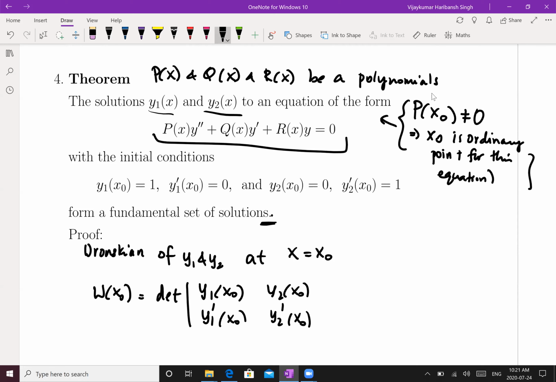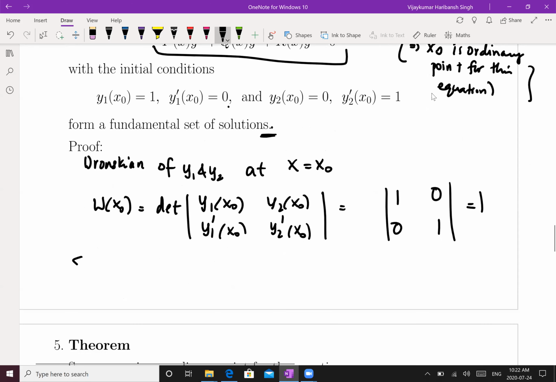So y1(x naught) is 1, y1 prime(x naught) is 0, y2(x naught) is 0, y2 prime(x naught) is 1, and so this determinant is 1. Since the Wronskian is non-zero, this implies y1 and y2 form a fundamental set of solutions.